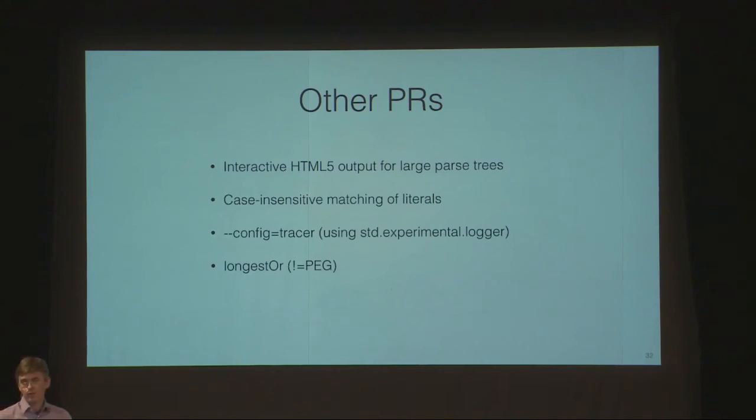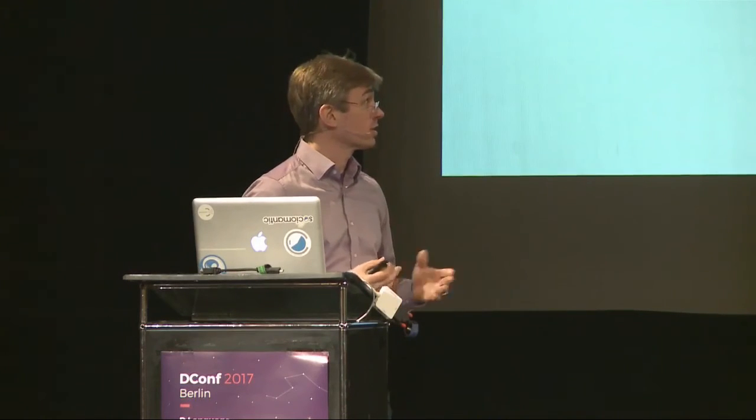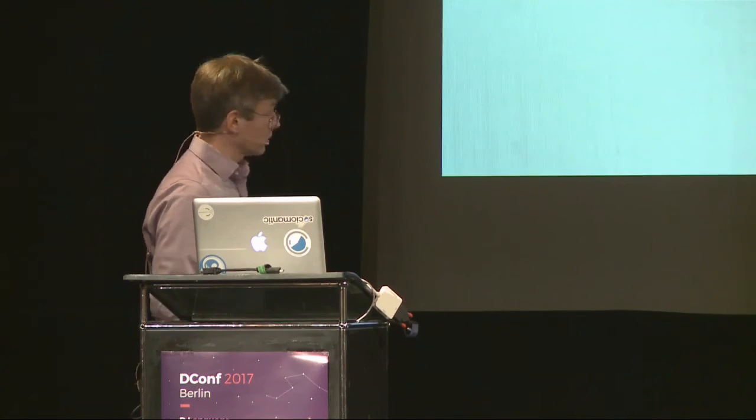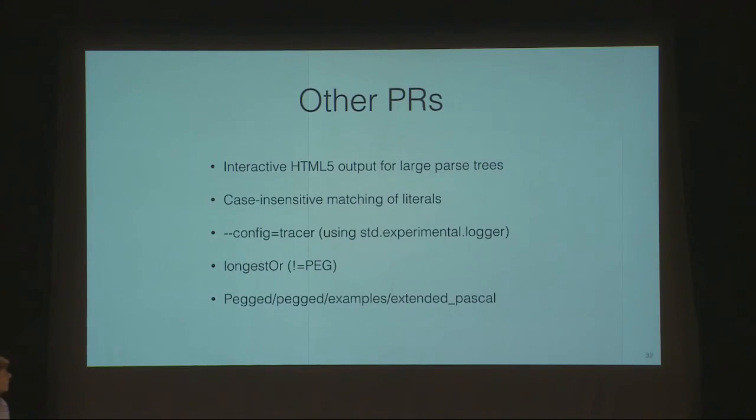Next, it appeared that the prioritized OR from Pegged was not sufficient for extended Pascal, because at some places you don't actually know what rule is going to produce the longest match. So therefore, I implemented longest OR. And the extended Pascal grammar is added as an example to Pegged.